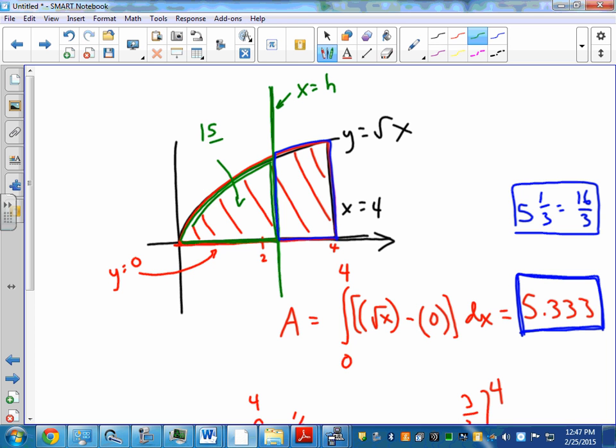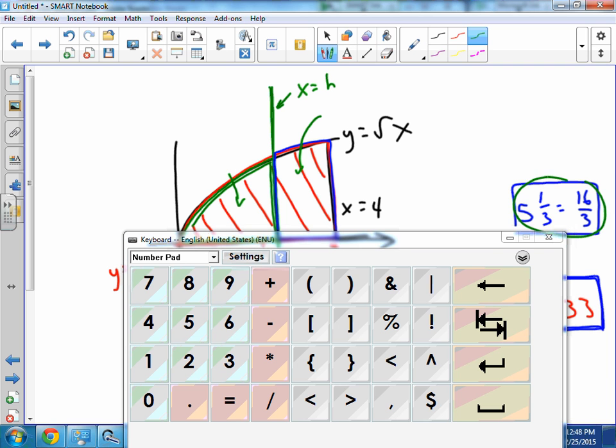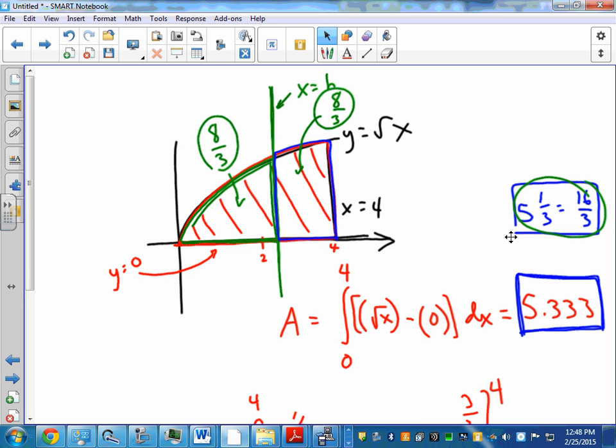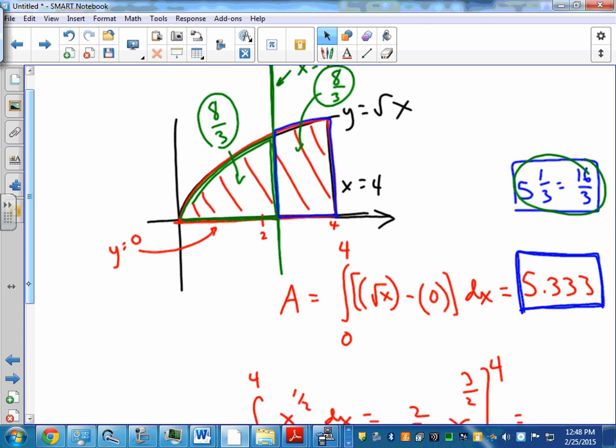Half of 16/3 is 8/3. So we want 8/3 here, and we want 8/3 here. That's the idea. And the task is, what is the value h? Okay, so obviously a sort of a higher order thinking question here.